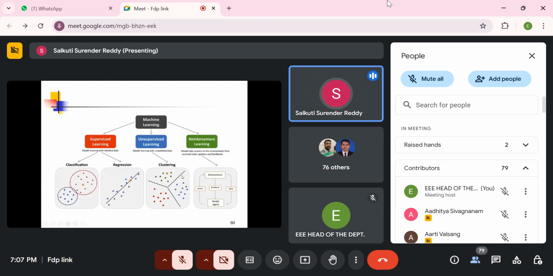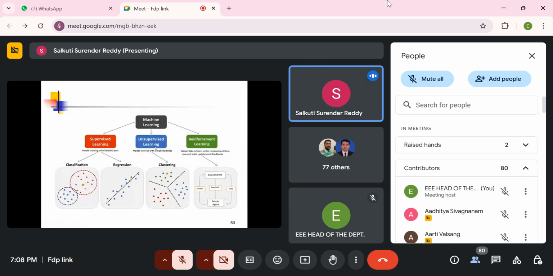So similar things can be clustered together, and then the learning is possible from the clustering. So this is how machine learning algorithms are going to be used or implemented in real time. So these are all different for our studies.